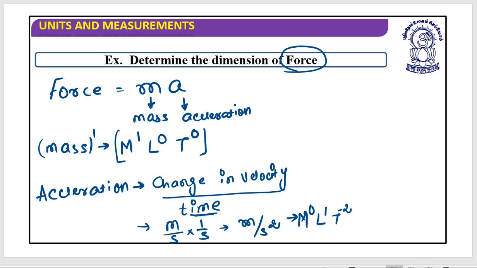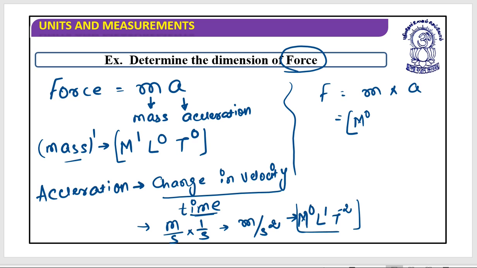Now we have the dimensions of mass and the dimensions of acceleration. Now I need force, which is equal to m into a. For mass, I need to write m1 l0 t0 multiplied by m0 l1 t to the power minus 2. So this becomes m to the power, here it is 1, here it is 0, so 1 plus 0 becomes 1.